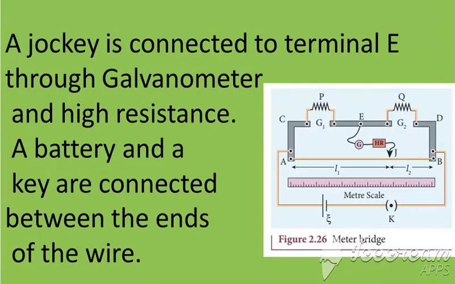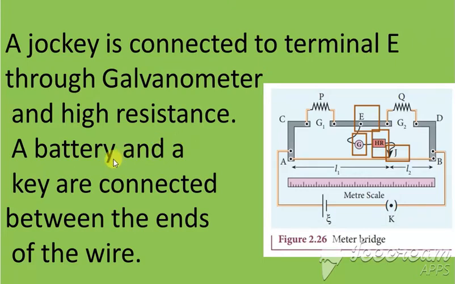Then we have this explanation. When you see here, it consists of a jockey. I told you this is a jockey, and that jockey is connected to the terminal E through the galvanometer and a high resistance. The next is a battery and a key.